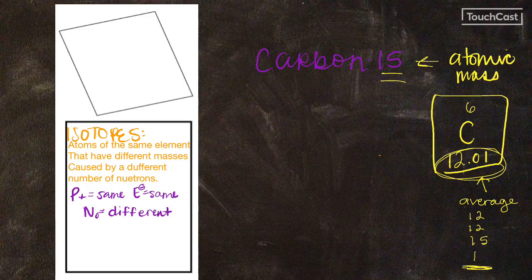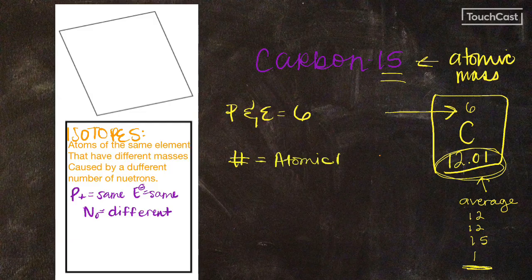So carbon still has an atomic number of 6, which means that my protons and electrons are going to equal 6. And then I know that my number of neutrons is equal to my atomic mass minus my number of protons.